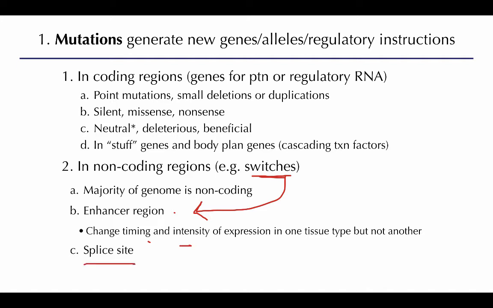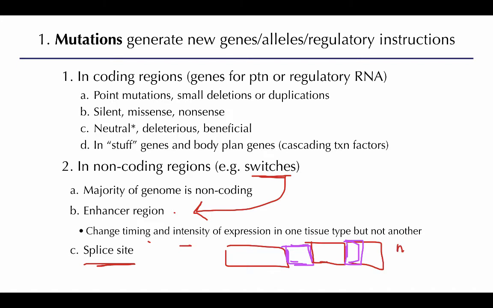You can also have mutations at splice sites. If you recall, when you look at DNA, and then I'll look at the mRNA part because that's when this actually occurs.